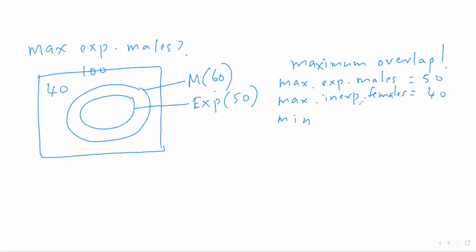This maximum number of inexperienced females corresponds to the maximum number of experienced males. Okay, but the minimum number of inexperienced males in this case is actually 10. Yeah, you can move between the experienced males and inexperienced males.